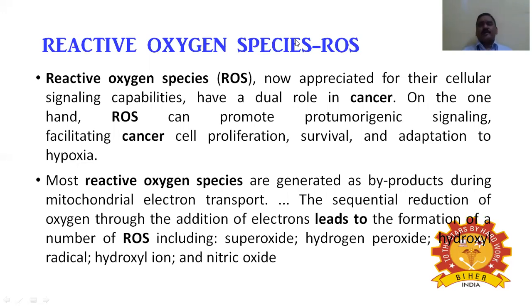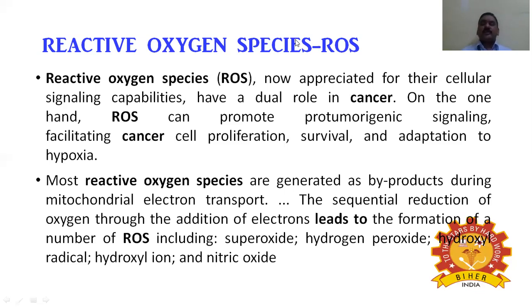On the one hand, ROS can promote pro-tumorigenic signaling. It facilitates cancer cell proliferation, cancer cell survival, and adaptation to hypoxia. Most reactive oxygen species are generated as byproducts during mitochondrial electron transport.